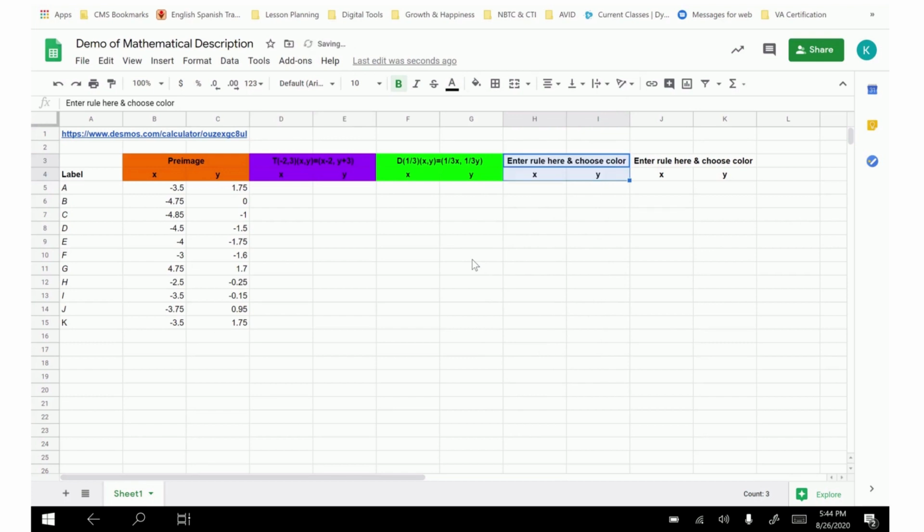So I'm just going to take that off because I don't need that. All right, so now I'm going to perform the rule on my points. I'm going to subtract 2 from my x coordinates. So -3.5 minus 2 is -5.5. And I'm going to keep doing the same thing all the way down until I finish getting all my points.